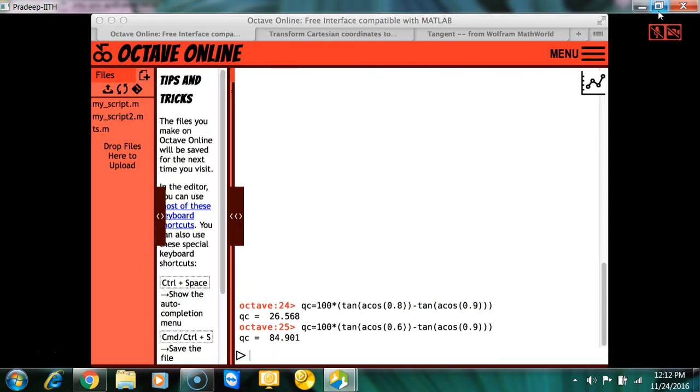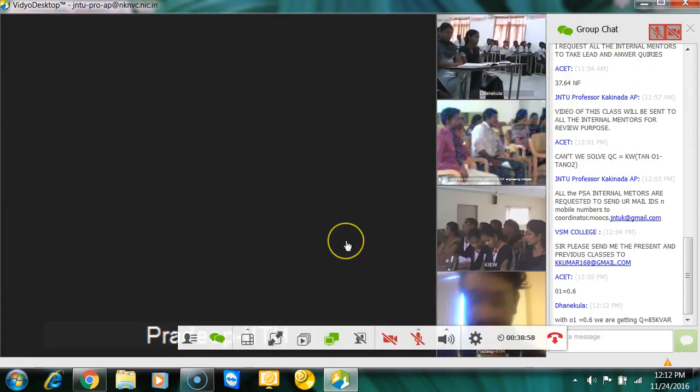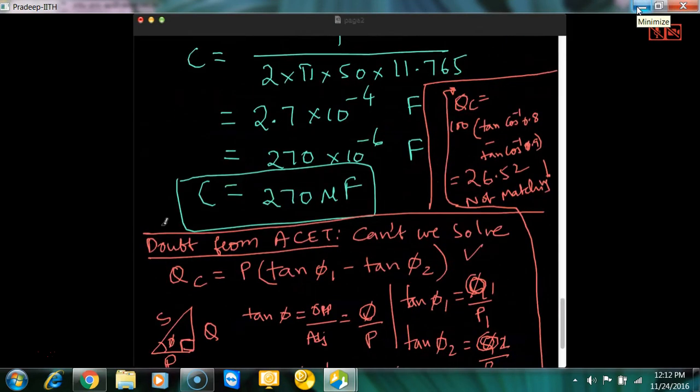So let me update it. This one, I think I have to erase this value. So this is 0.6, and the answer that we are getting here is 84.9 kVAR, and then it is matching.